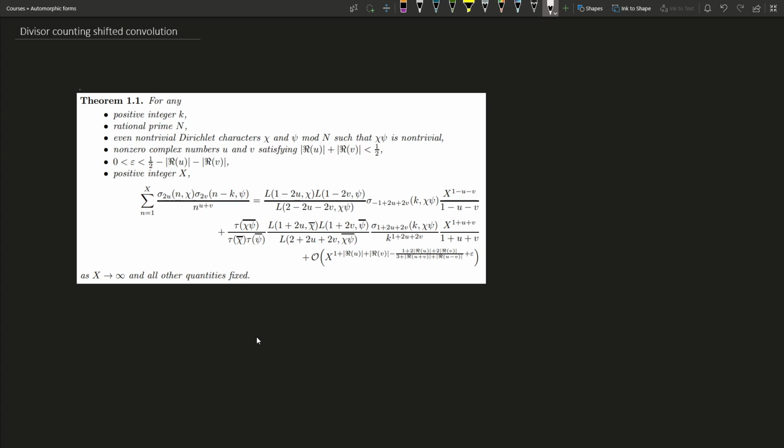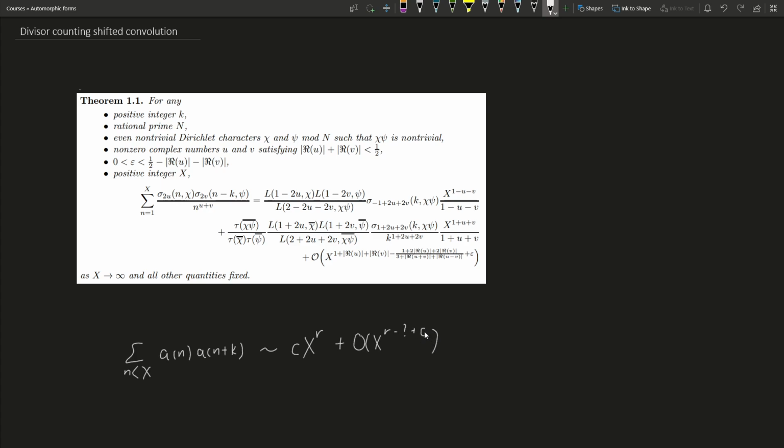So one thing that's kind of neat about this is that often for these additive or these shifted convolution problems, so a shifted convolution problem is something like when you take a sum of some sequence of arithmetic interest times that sequence of arithmetic interest but shifted by some constant amount, you get maybe an asymptotic growth of c times x to the r for some r, and then you'll get this error term, which is going to be x to the r minus something, and then maybe a plus epsilon, whatever.